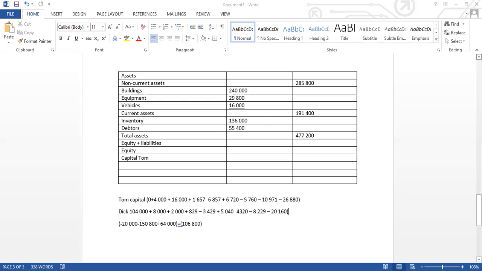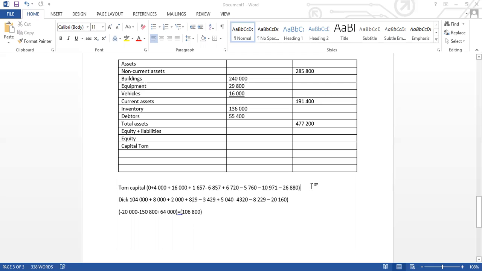Can you try finding Tom's capital? How much are you getting? Capital, no, like the balance brought forward. I'm getting 52,000. It's now the opening balance instead of 0.